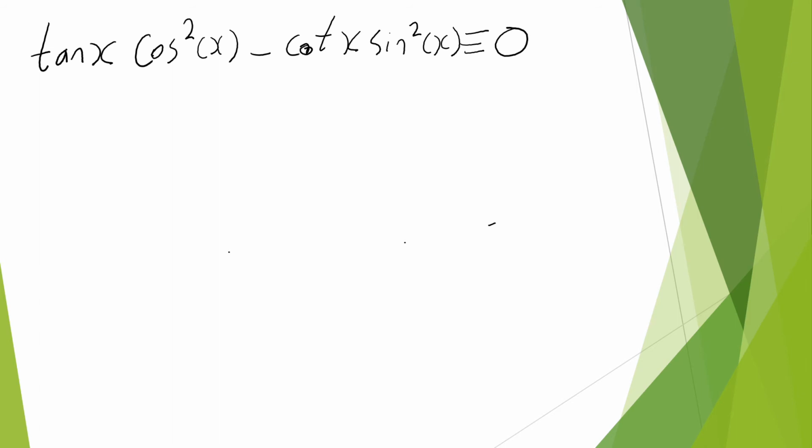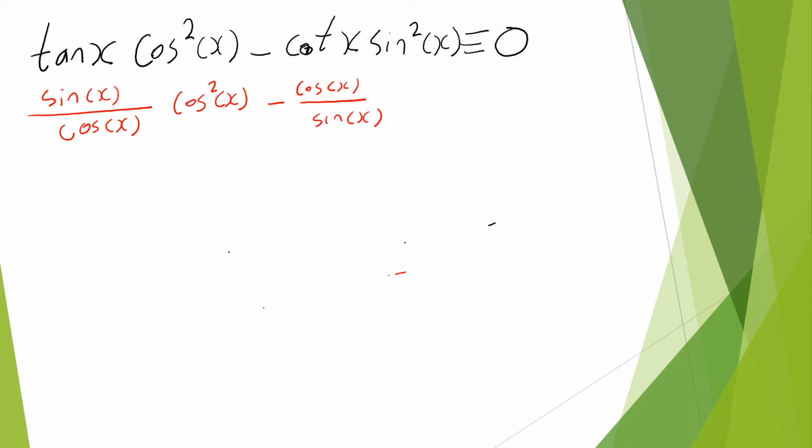So I'm going to write tan as sine x over cosine x, rewrite the cosine square x, write cot as cosine x over sine x, and here sine square x.